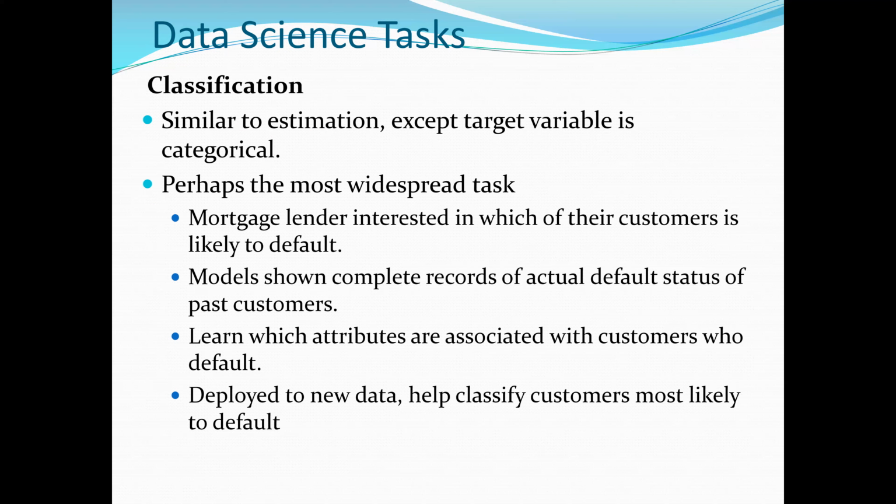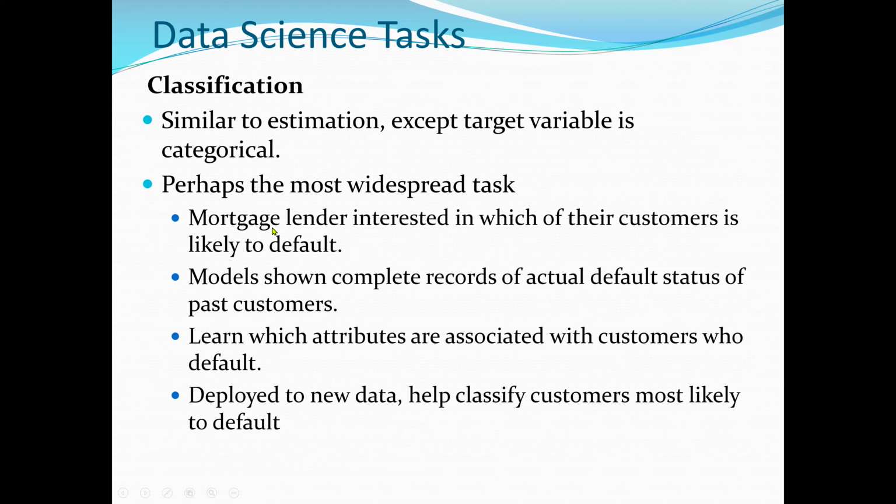Now if we predict that a stock price will be $30, we can use regression, or we can use estimation. Perhaps this is the most widespread task, especially in medical applications, mostly based on diagnosing patients with different types of disease. Again, we can have a classification system.